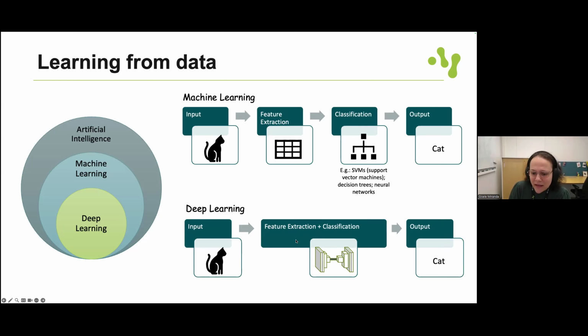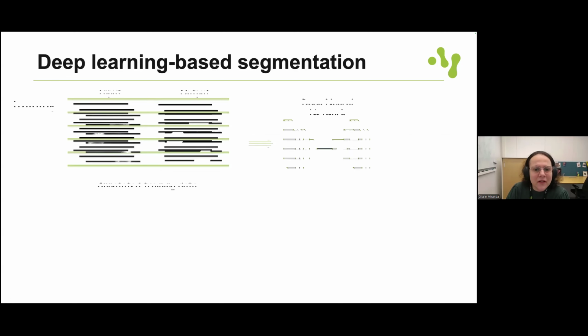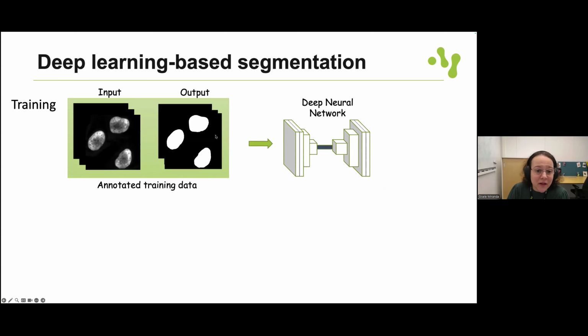But in the last 10 years, we had huge advances in deep learning techniques, where you don't necessarily have to extract features independently, but you can combine feature extraction and classification. These methods are usually data hungry.